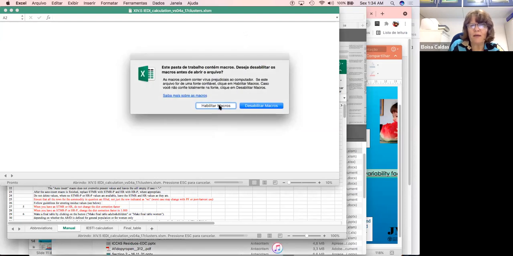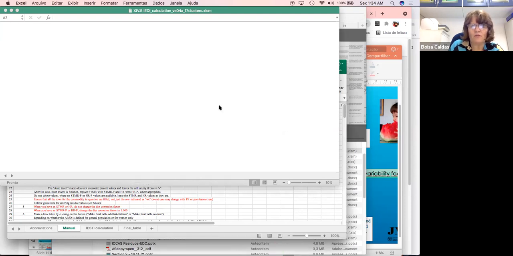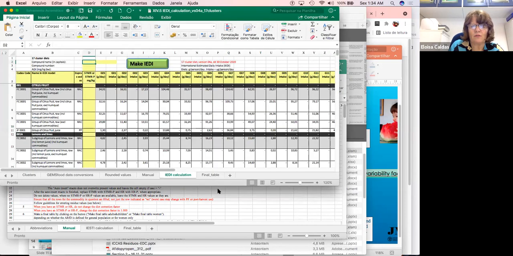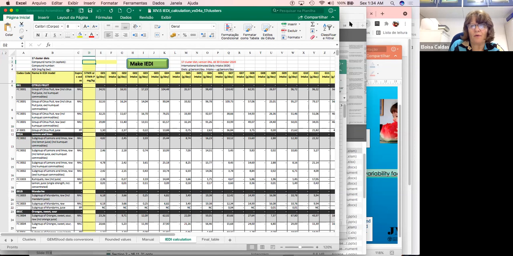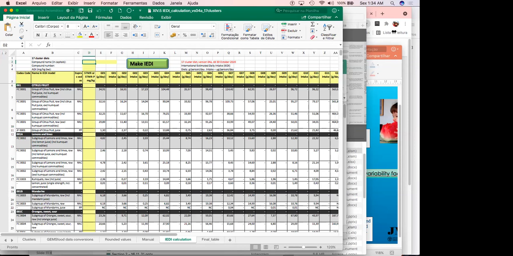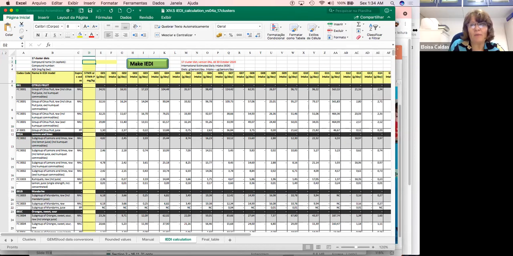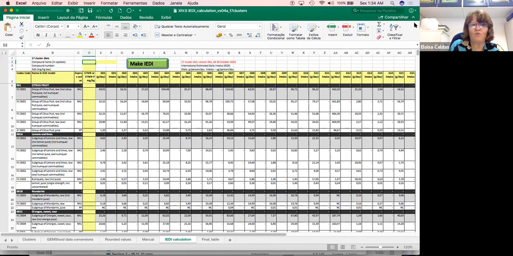Do you see me enabling the macro? Do you see the template, Jason? Yes, we see the template now. Thank you. You saw that I had to enable the macro because otherwise you won't have the information.